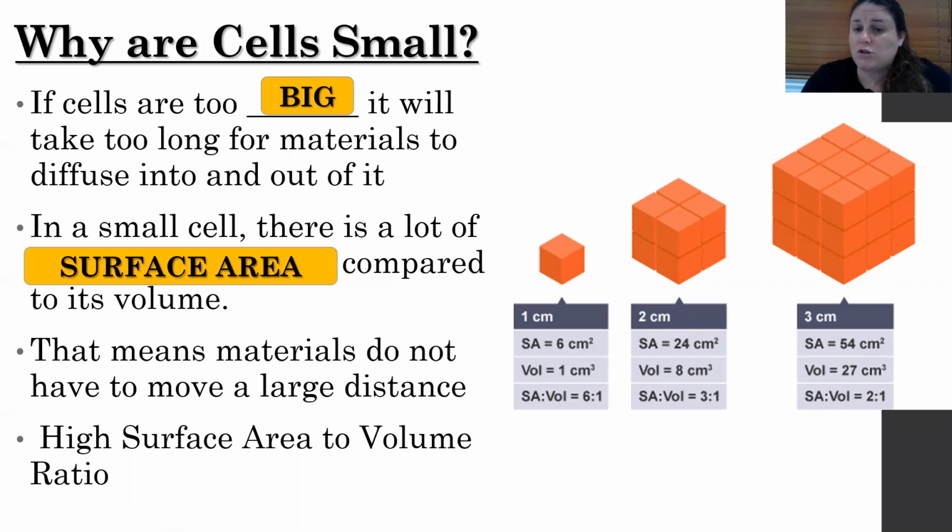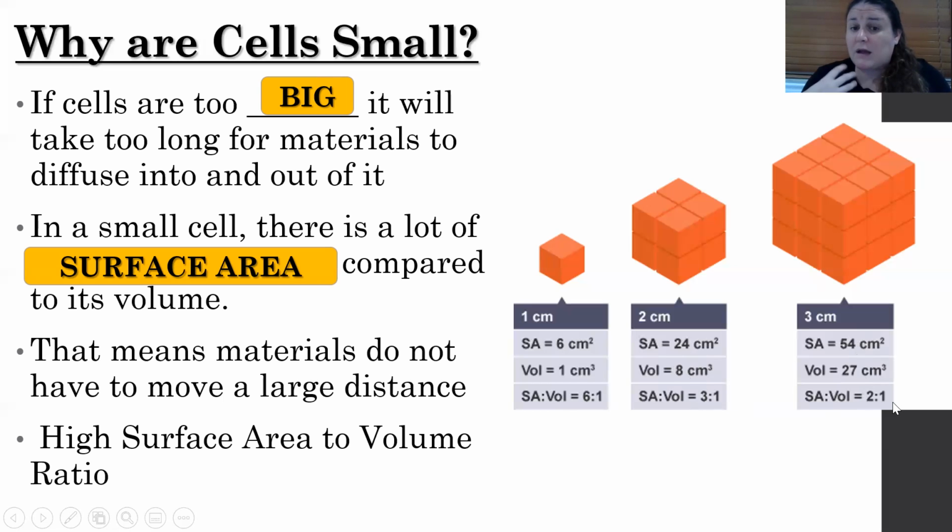Now, the other thing I want you to notice is that it's numerator over denominator. For the middle cell, it would be 24 over 8. We reduce that fraction down, and that's how they're getting 3 to 1. Same thing with this one: we had 54 over 27. If we reduce that fraction, it would be 2 over 1, or a surface area to volume ratio of 2 to 1.